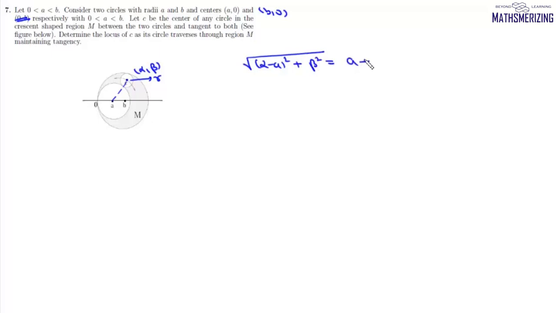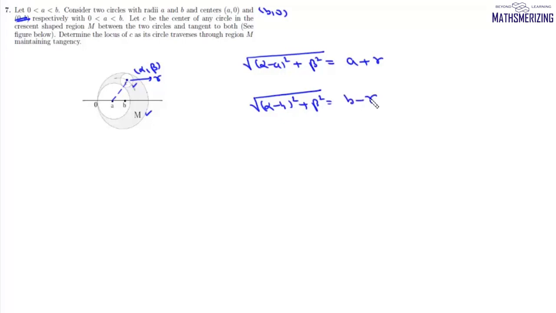Now R1 is a and R2 is simply r. Now this bigger circle and this circle with center C touch each other internally. Then we can write under root of (alpha minus b) square plus beta square equals b minus r.